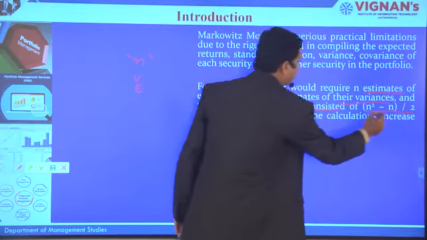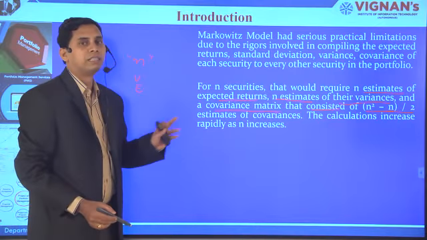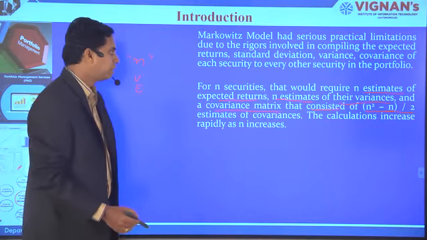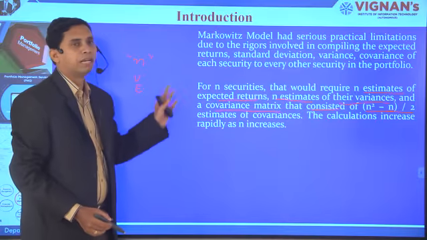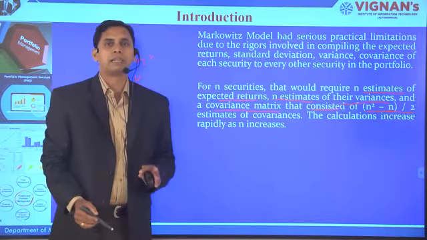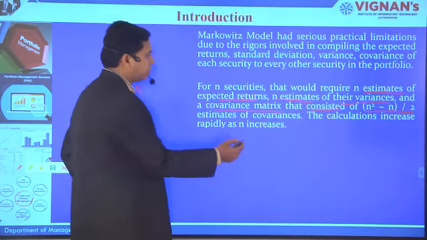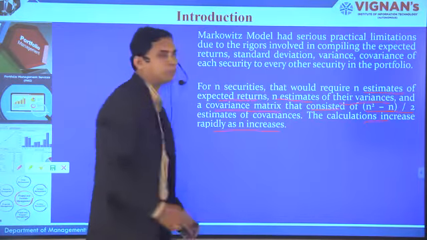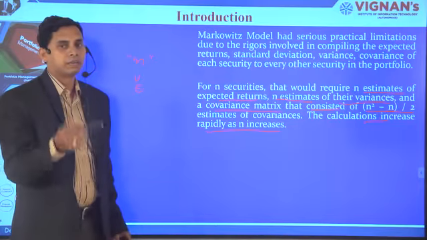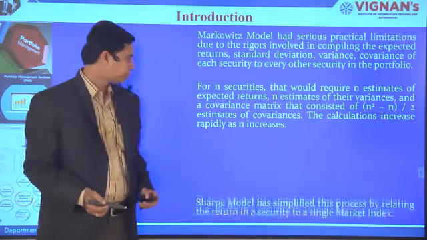These many covariances must be calculated for applying the Markowitz model, and this is the basic complication we face while finding the optimal portfolio. This definitely increases the calculations to be done for finding out the optimal portfolio using the Markowitz model.